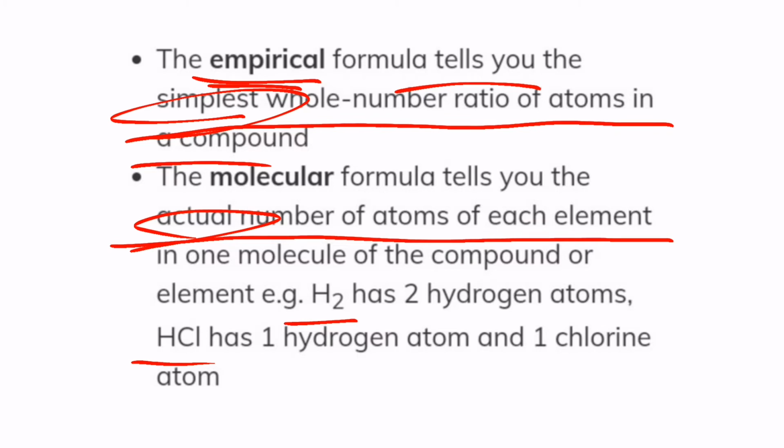So we have one hydrogen, and we also have one atom of chlorine. So that is how the molecular formula tells us the actual number of atoms.